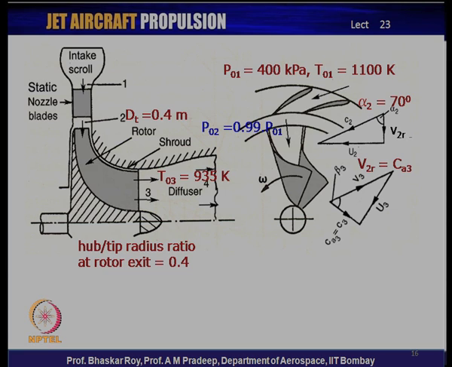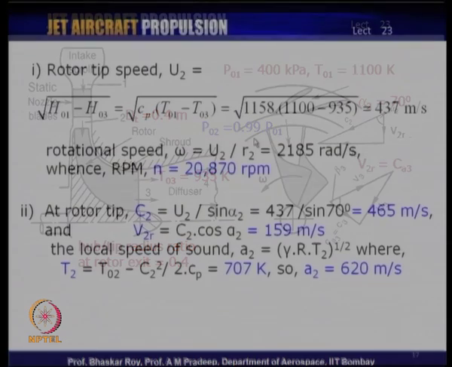The T03 prescribed is 935 K, and the hub to tip radius ratio of the rotor at the exit station. You see, there is a hub station here and there is a tip of the rotor at the exit, and this is prescribed as 0.4. So, these are the prescriptions with which we go forward. The loss across the stator nozzle is 1%. So, with this we move forward to solve the whole problem.